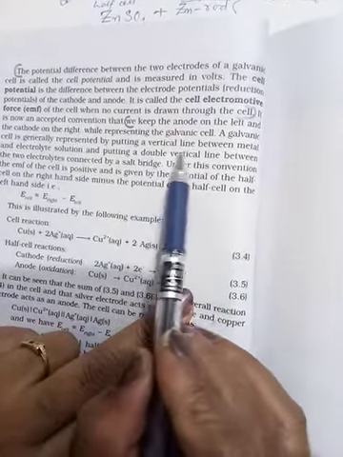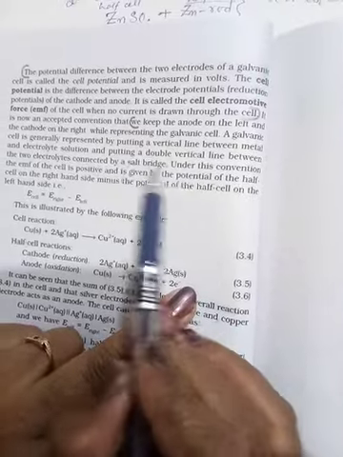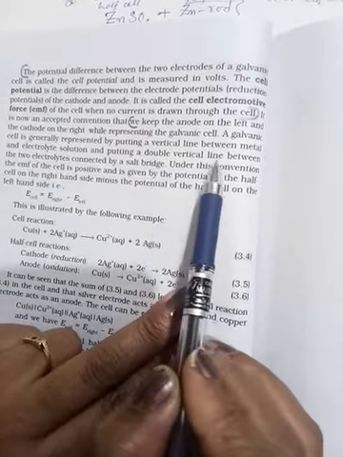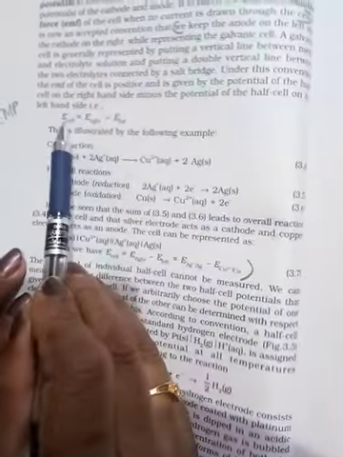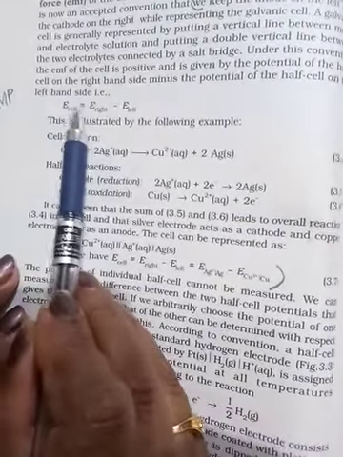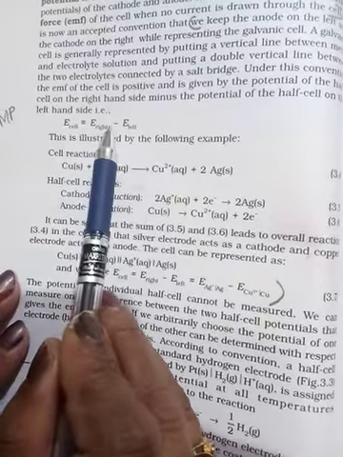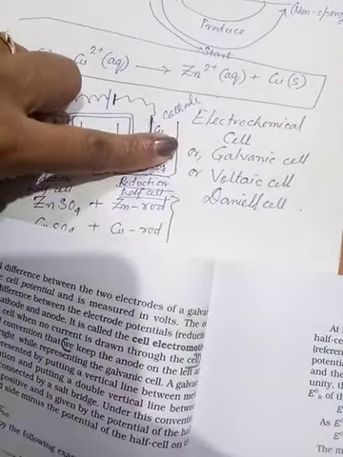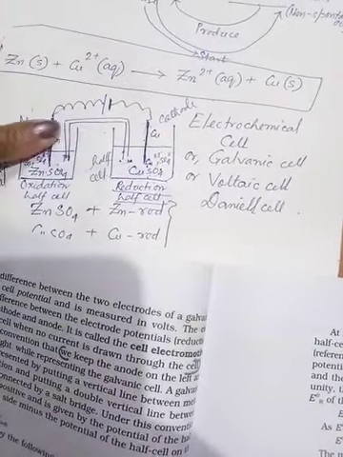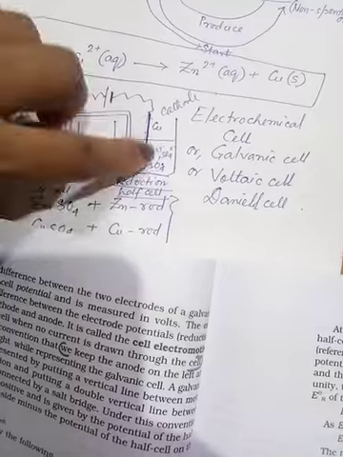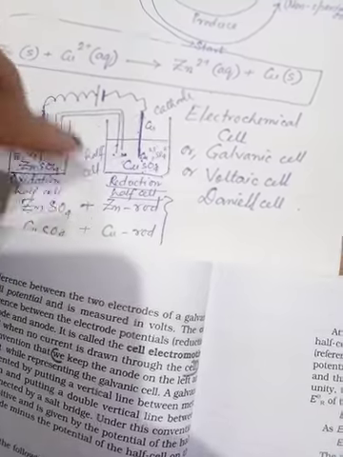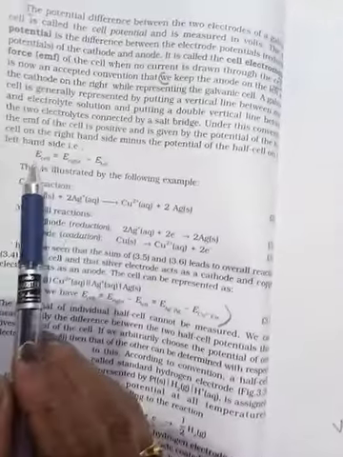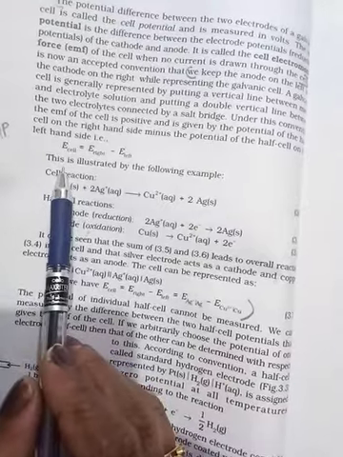To calculate the EMF of the cell, E cell is given by E right minus E left. Whatever difference comes out from this is nothing but your E cell, or EMF of the cell.